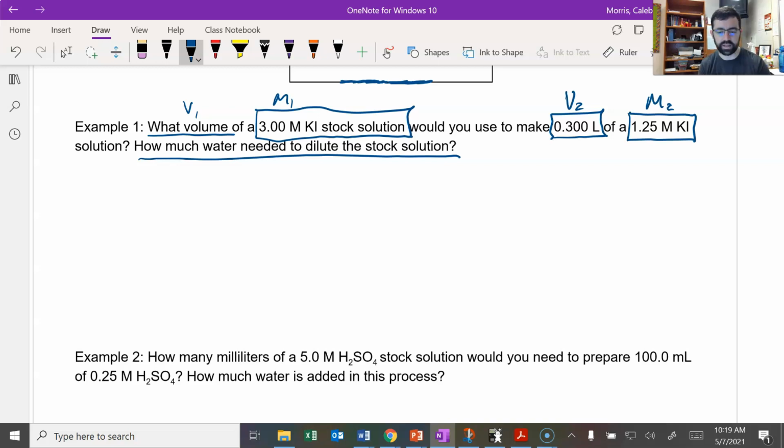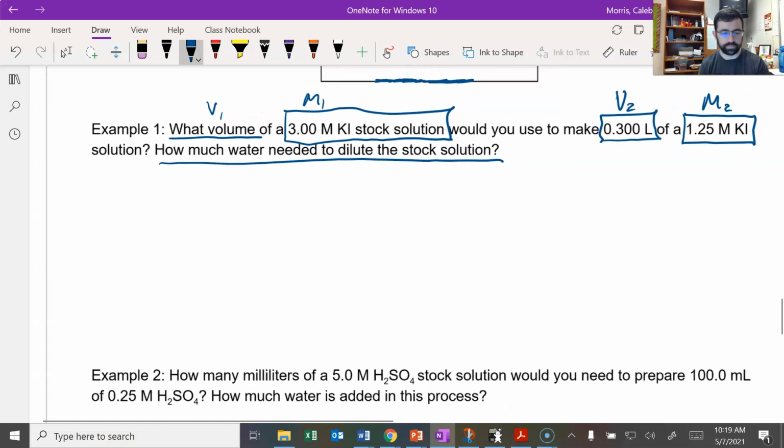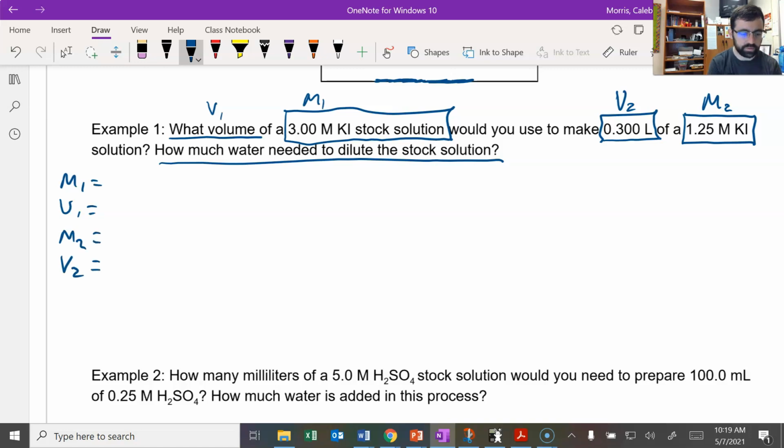We'll get to that in a little bit. Let's first find V1. So I've got M1V1 equals M2V2. So M1 is 3.00 molar. V1 is unknown, and that's going to be in liters. M2 is 1.25 molar, and V2 is 0.300 liters.